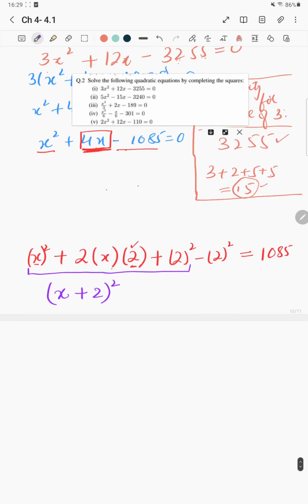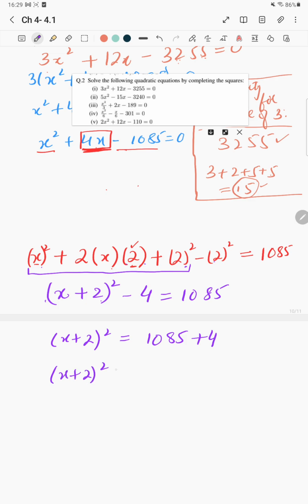So you get x square plus 2xb plus b square, a square plus 2ab plus b square. So it is equal to (x plus 2) whole square, and minus 2 times 2 is 4, is equal to 1085. So it's (x plus 2) whole square, which is equal to 1085 plus 4. (x plus 2) whole square is equal to 1089.